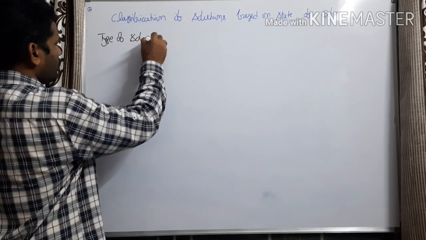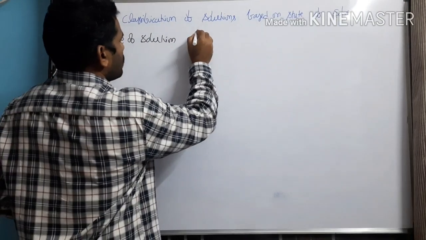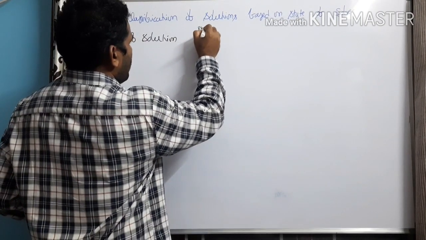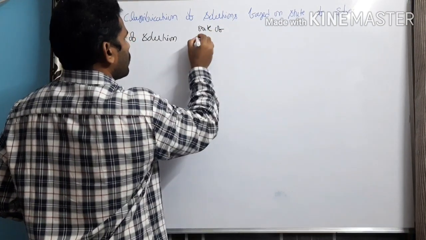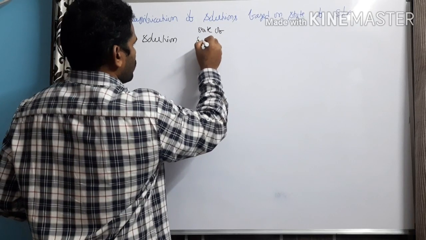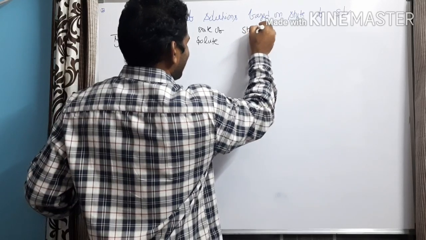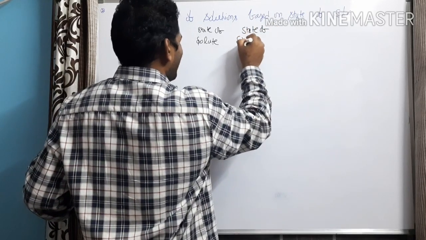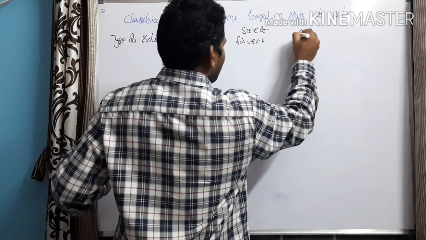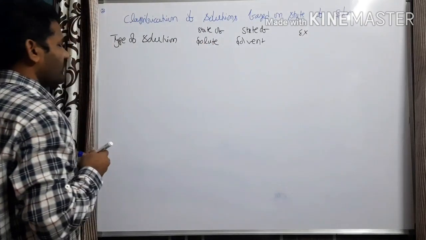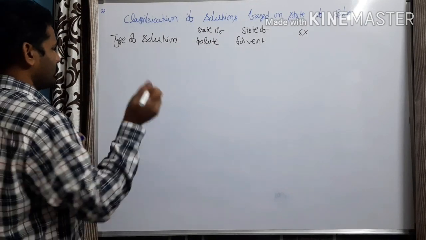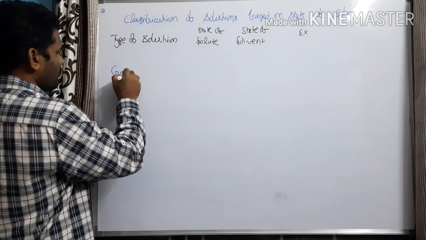Type of solution, state of solute, state of solvent, example. First, let us consider the gaseous solutions.